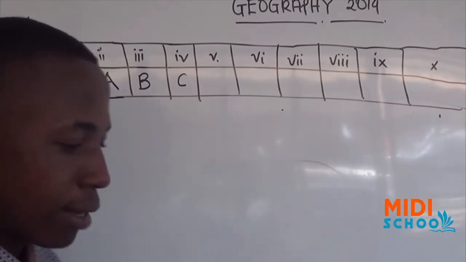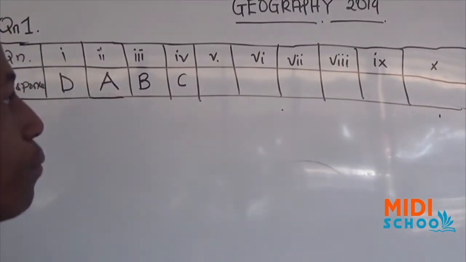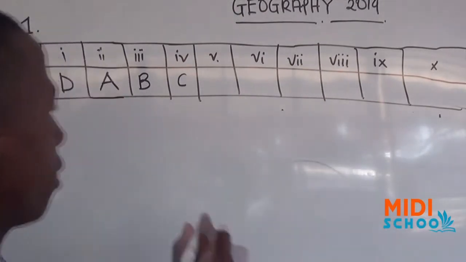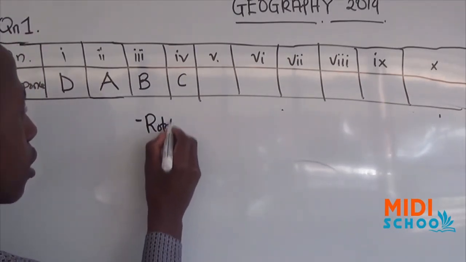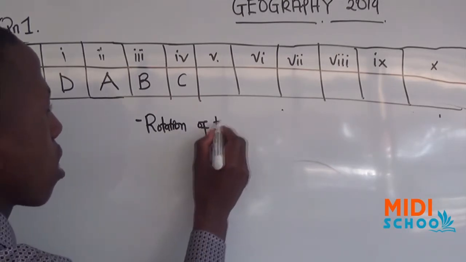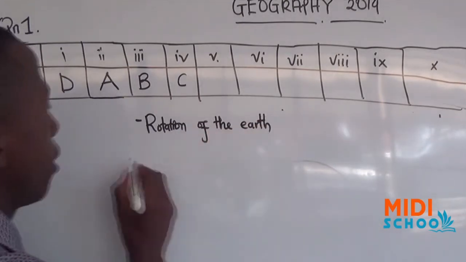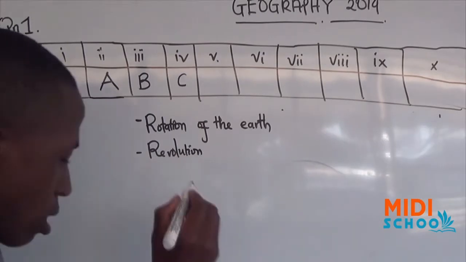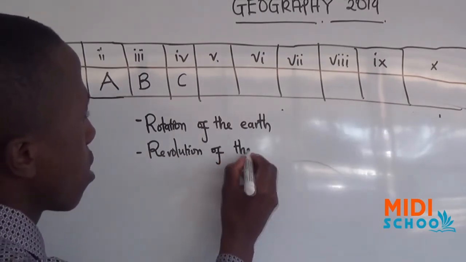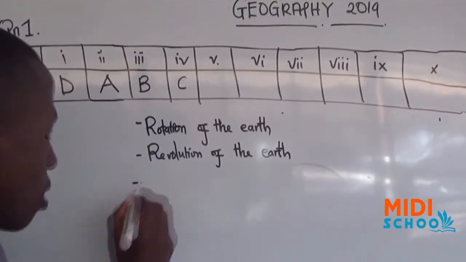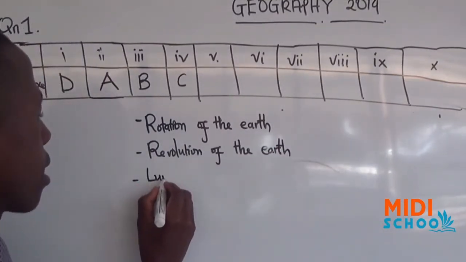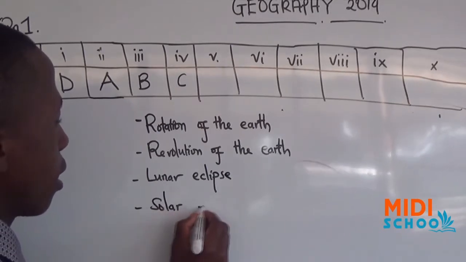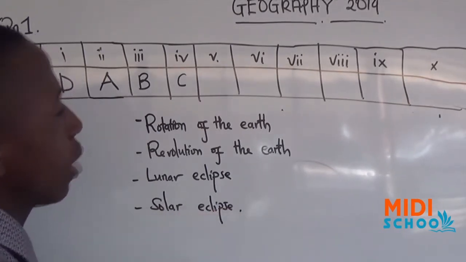Roman 5, the 4 seasons of the year are a result of: A, rotation of the earth, B, revolution, C, lunar eclipse, and D, solar eclipse.